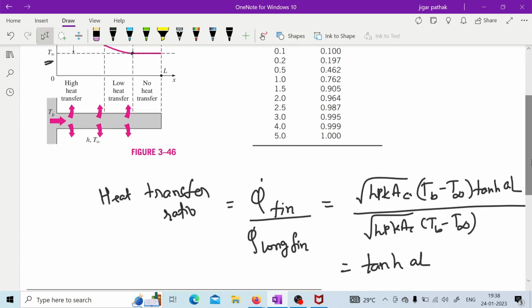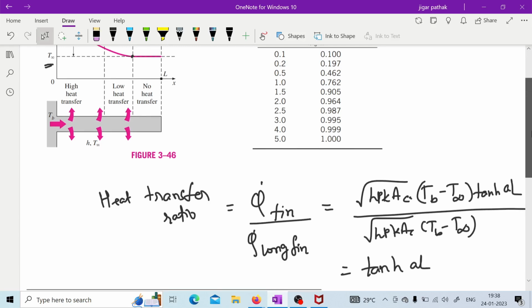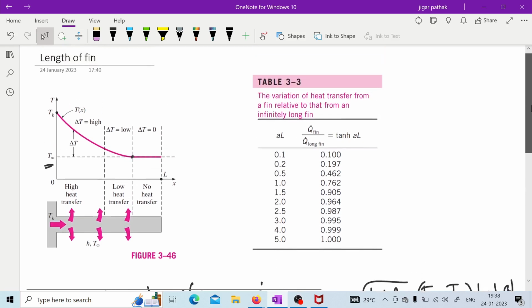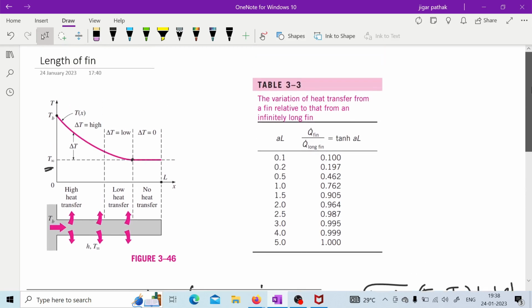Here, in the case of the short fin, it must be the characteristic length as we have decided. Yes, correct. That is what you were asking, right? Yes, sir. Okay, yes. But basically it is tanh hyperbolic of mL, right?